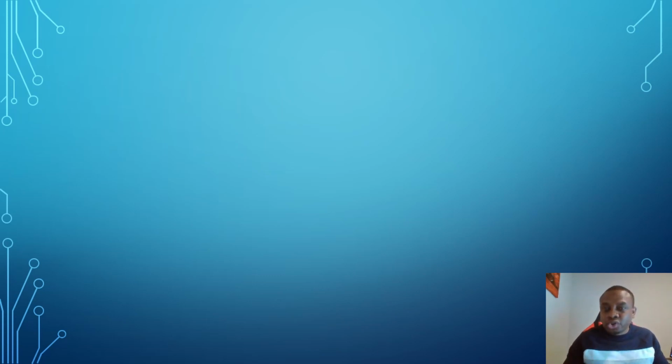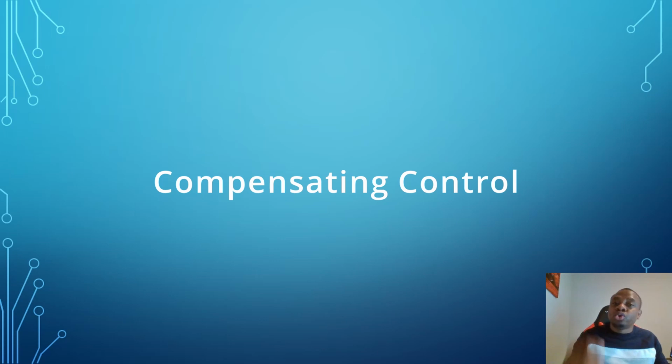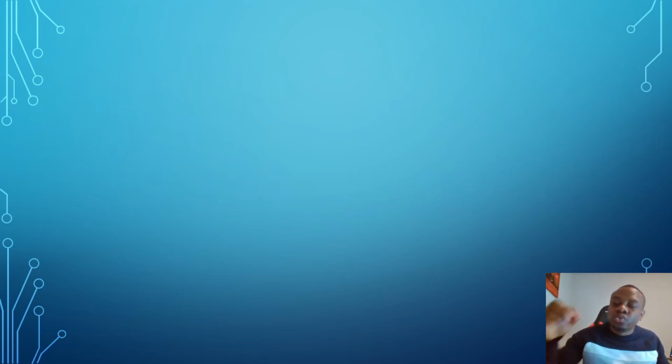Deterrent control, it discourages people from coming close to your property. Now, we have compensating controls. Compensating controls are controls that are intended to reduce the risk of an existing or potential control weakness, or in place of a missing control.